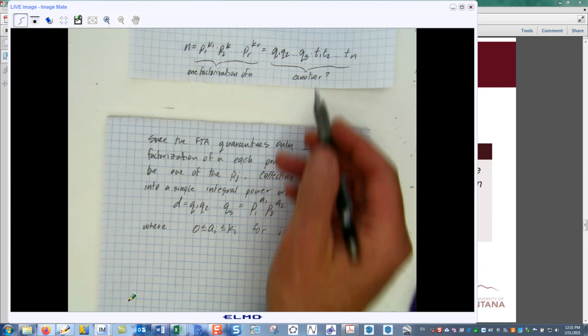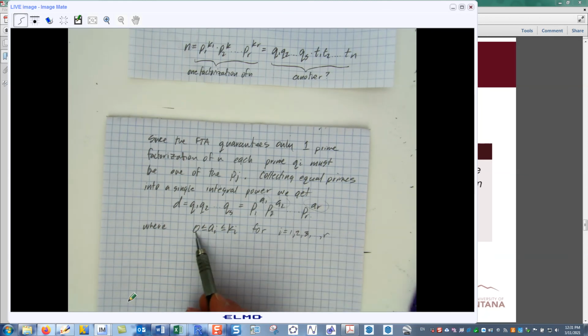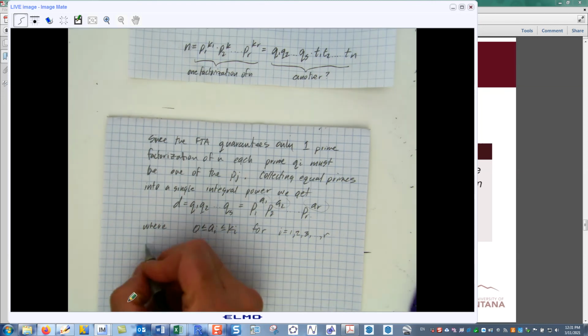And so the part that belongs to d must be some piece of the 1, 2, 3, all the way up to r prime bases, such that those exponents are either 0 or some number less than their exponent in the number n. And that's as desired.